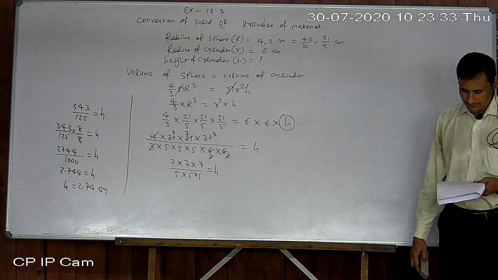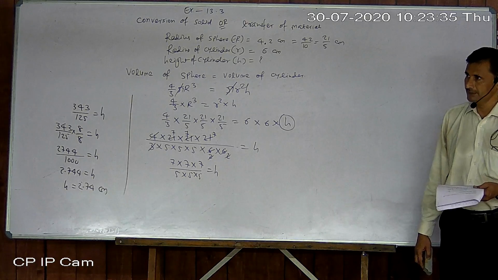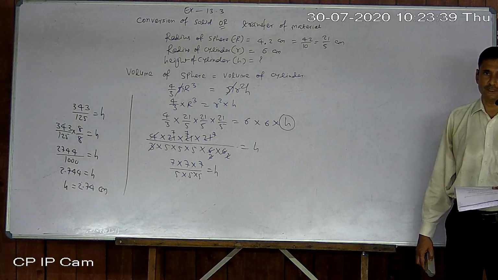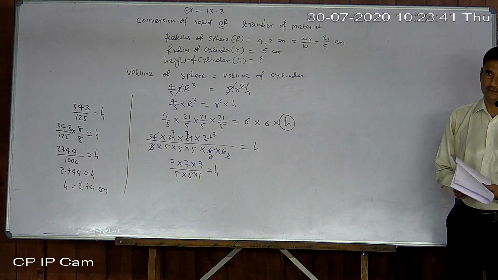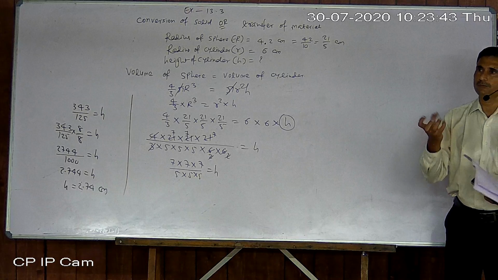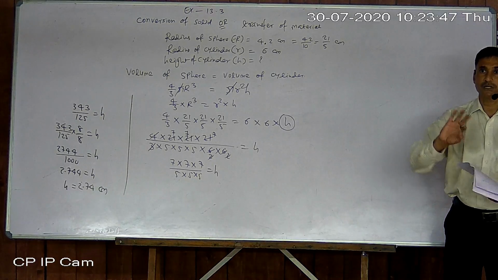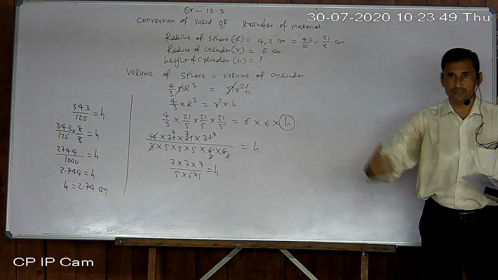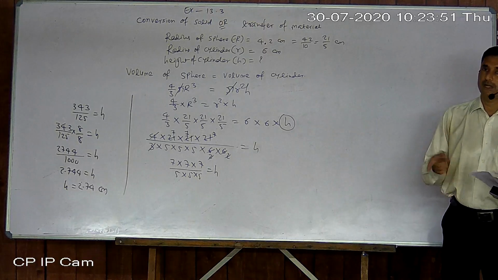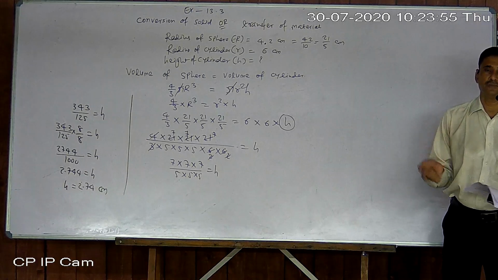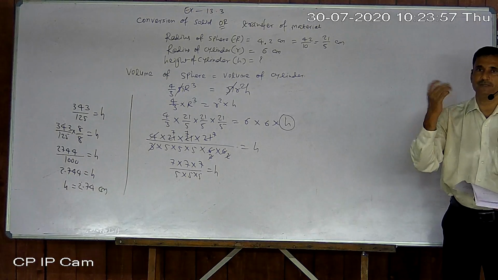Find the radius of the resulting sphere, meaning the bigger sphere. So here a very simple case. 3 smaller spheres are combined, melted to form a bigger sphere. Okay, so it is only one. But 3 different sizes of spheres are melted and recasted into a bigger sphere. So what should be the radius of that resulting, meaning bigger, sphere?